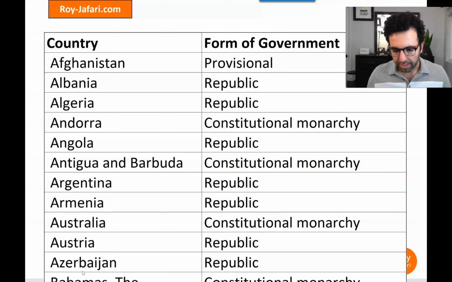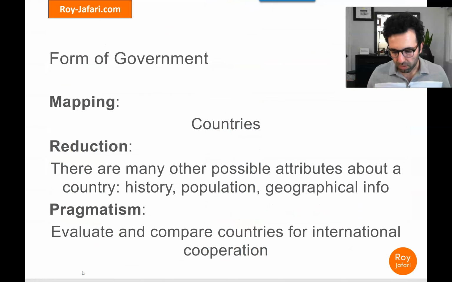This list is rather long, so it's just going to continue till it gets to the end of the list. But the point is not for us to look at all the measurements that have been done. The point is to understand the ethical aspects of this measurement and of modeling these countries using nominal measurements.